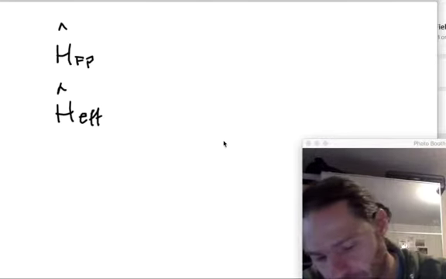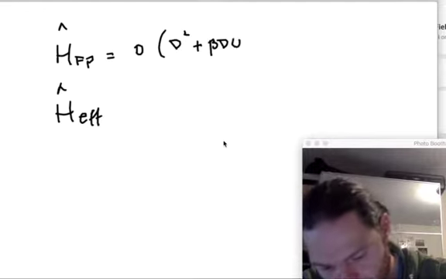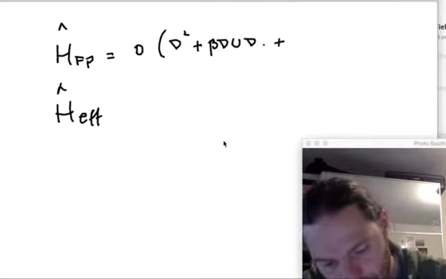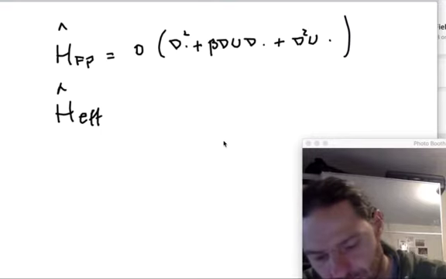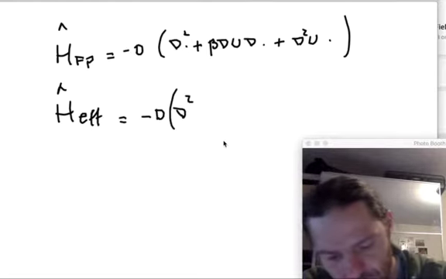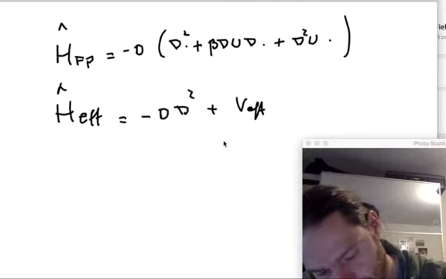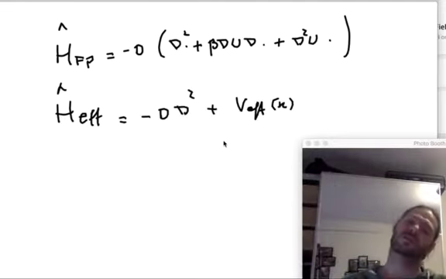Well, remember, just to be specific, this is the Fokker-Planck Hamiltonian, and this, well, I can put a negative here. This is a Hermitian formulation.